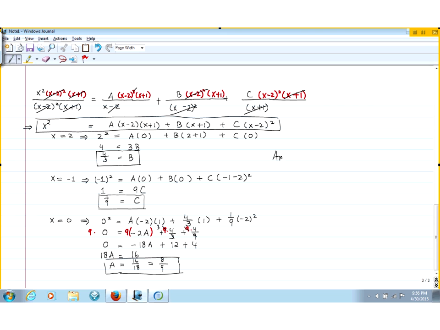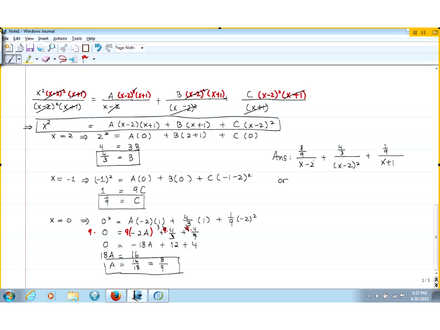Okay, so now I know my A, my B, and my C. I'm just going to write the answer. A over x minus 2, where A is 8 over 9, so 8 over 9 over x minus 2, plus B, which is 4 over 3, divided by x minus 2 squared, plus C over x plus 1, where C is 1 over 9 over x plus 1.